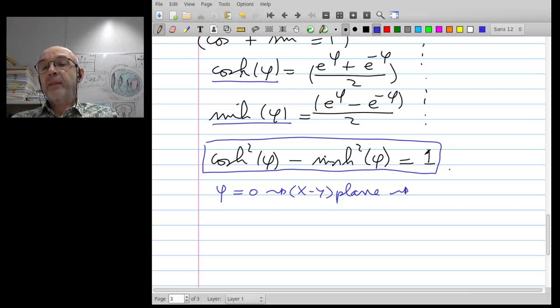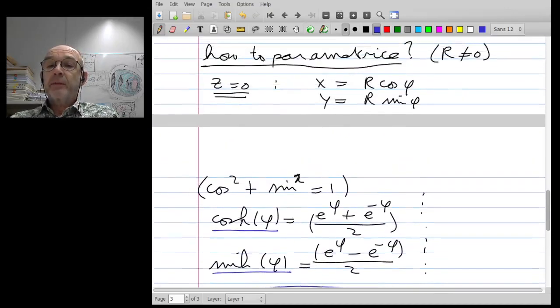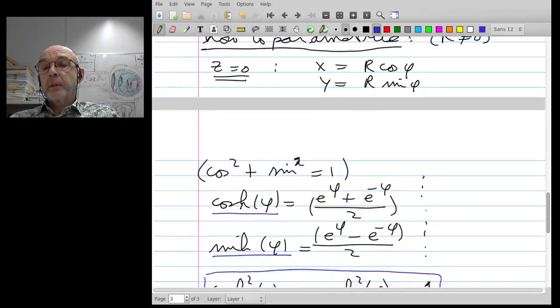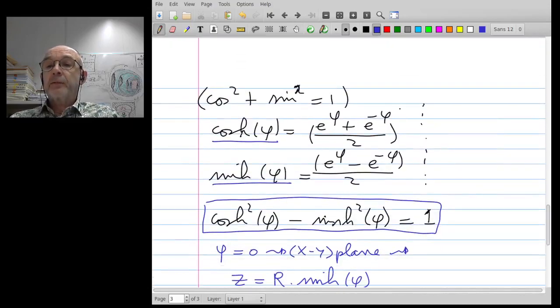So I think that I can take z equal to r times the sine hyperbolic of phi. Now I have written phi, but that is not so good.